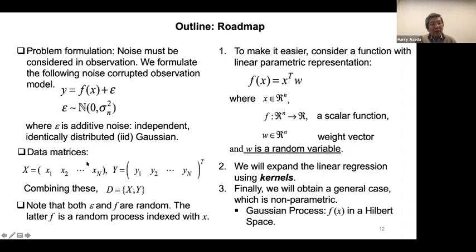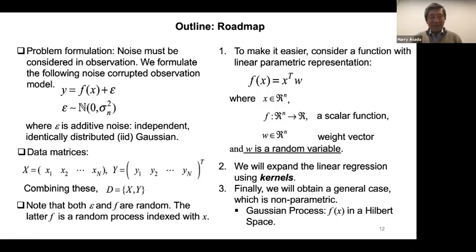Now we use the data matrix as in any other supervised machine learning. We have a set of data x1 to xn, and on the y side you can think of a scalar output, y1 to yn, and we can expand it later. Please note that both epsilon and f are random variables.